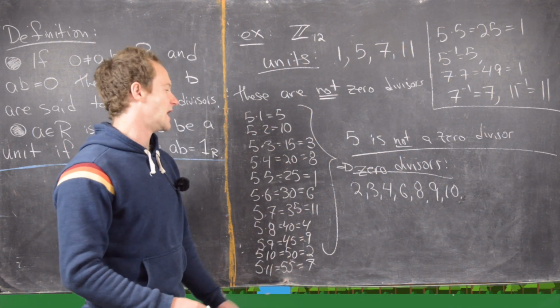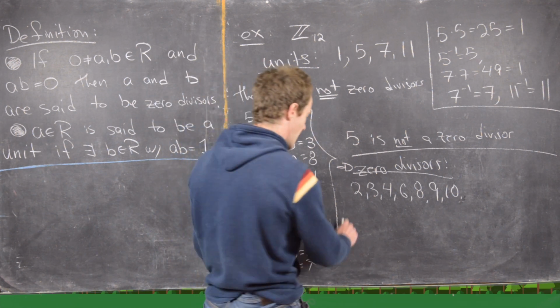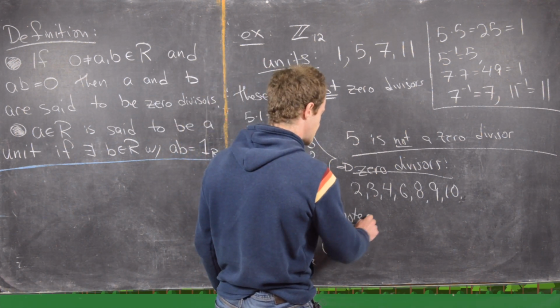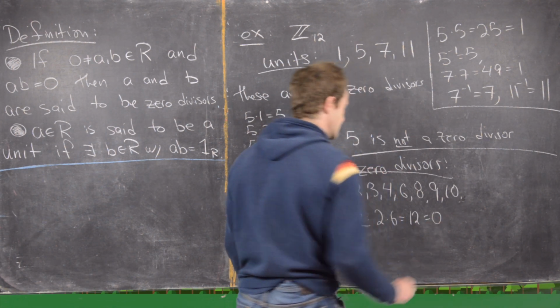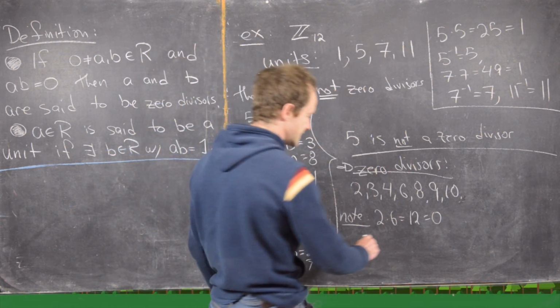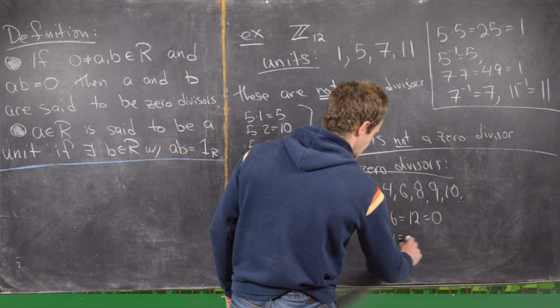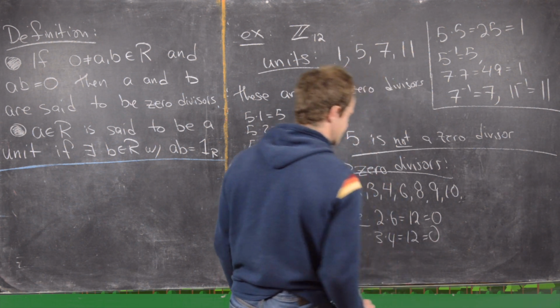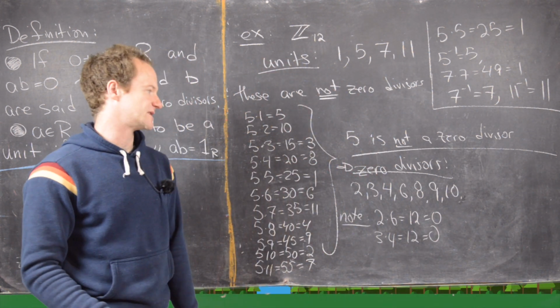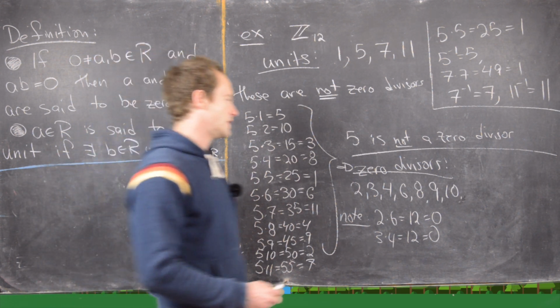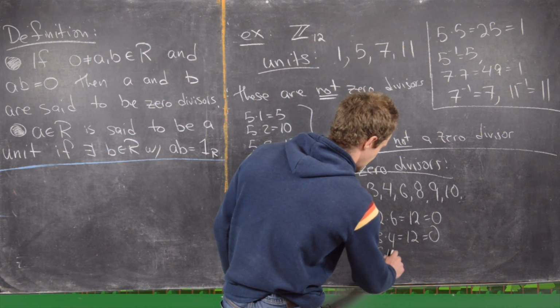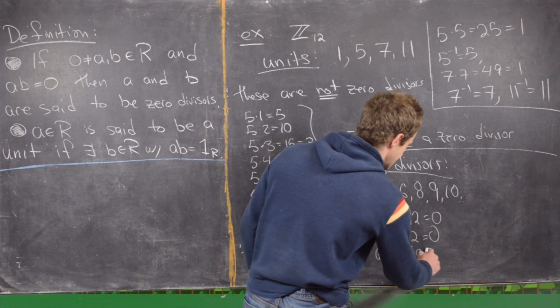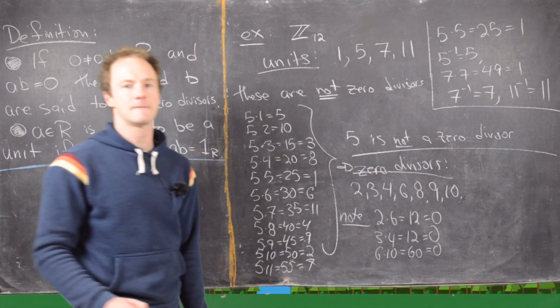Okay, great. And now how can we check that? Well, notice that these come in pairs. 2 times 6 is equal to 12, which is equal to 0. 3 times 4 is equal to 12, which is equal to 0. Let's see what else we have. 6 times 10 is equal to 60, which is equal to 0.